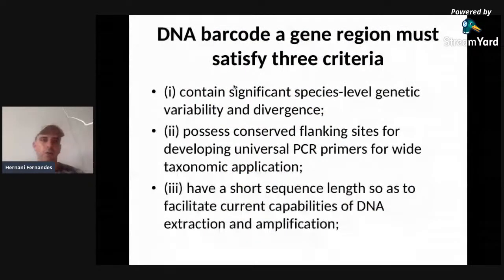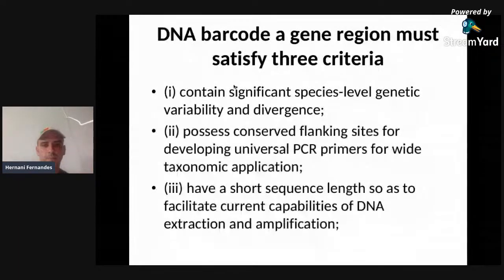I don't know if everybody's familiar with DNA barcoding, but it was an initiative that started in the beginning of the 2000s. The initial proposal was to describe all the diversity of many different animal groups based on a single or a few molecular markers that would have mainly three characteristics. They should have enough genetic variability and divergence between taxa, so you can separate and differentiate between them.